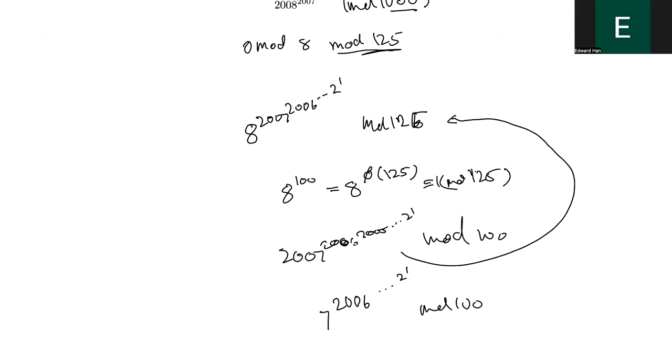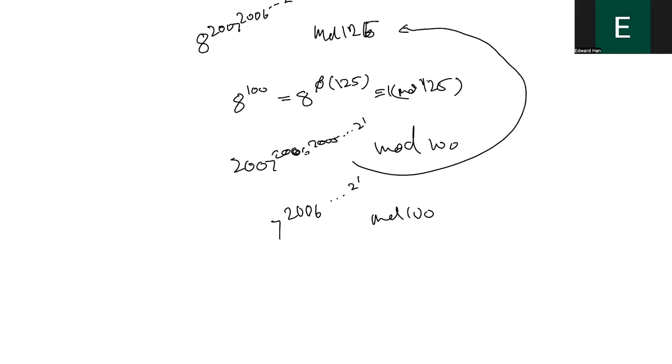What we're going to do is calculate 2006 to 2005 all the way to 2 to 1 mod 40, and after that, we substitute it back here. At this step, how do you arrive at 100? Again, it's totient 125, which you can get using the formula. I don't have the formula here, but I hope you know the formula by now.